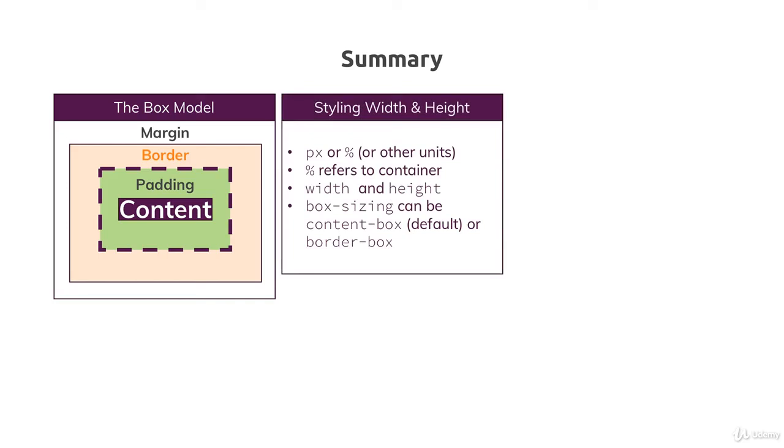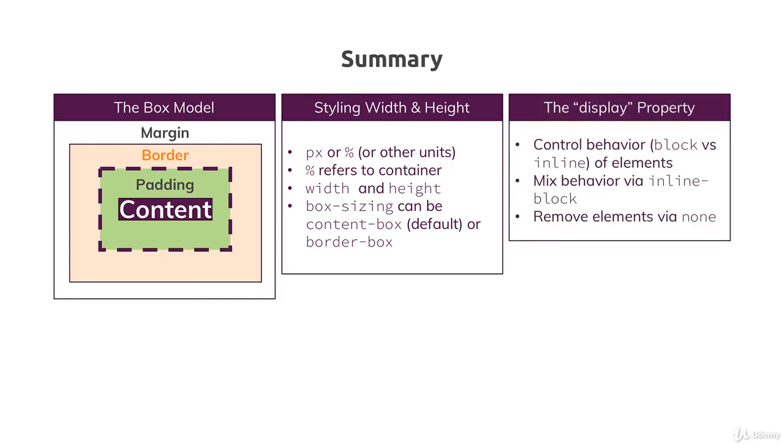More units will also be covered in this course. And that you can also change what width and height refer to by changing the box sizing attribute. The default is content box, and with that setting you only style the content of the box. But you can set it to border box to actually target content, padding, and border with your width and height assignments. We then also had a look at the display property, somewhat connected to the box model, but then again not really.